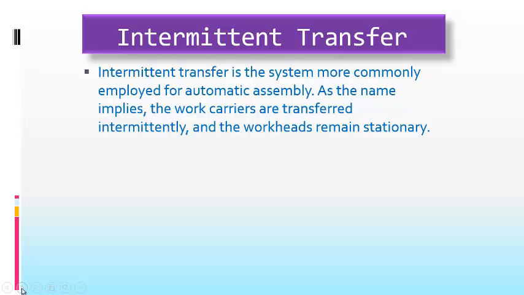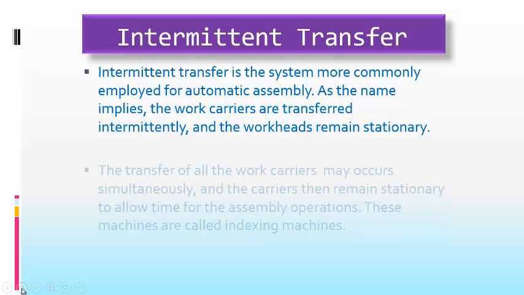That means we need a mechanism which will move the work intermittently, and we are going to talk about some mechanisms like Geneva mechanisms and cam mechanisms which will make this intermittent transfer motion. We are going to see that later, inshallah, in this lecture.